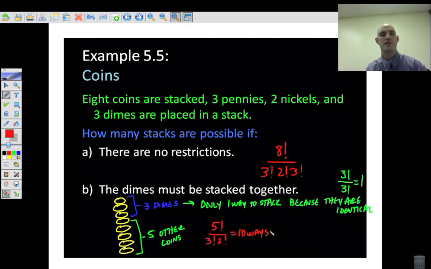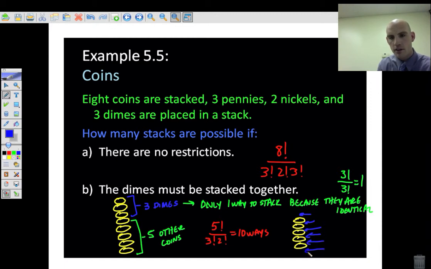But if we consider the fact that we have 5 coins, and those 5 coins, I'll draw another stack over here, 1, 2, 3, 4, 5. This stack of dimes could go here, could go here, it could go between these, it could go between these, it could go between these, and it could go on the bottom.